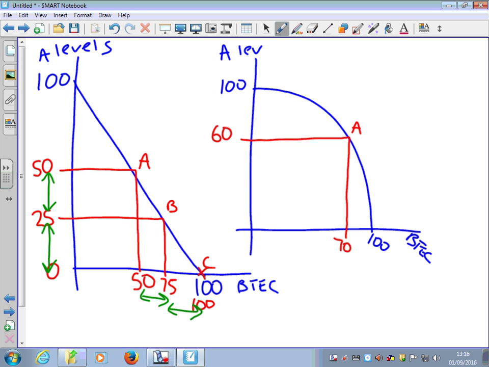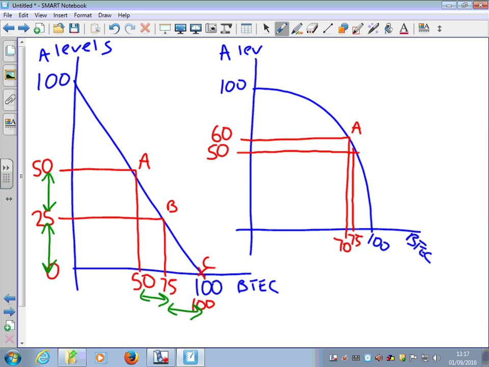And again, we'll call that point A. Now imagine that I wanted again to produce more BTEC. So I drop down to about 50. But look what happens now. I only gain about 5 more BTEC.